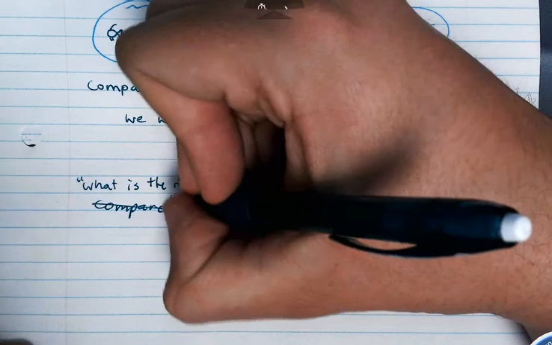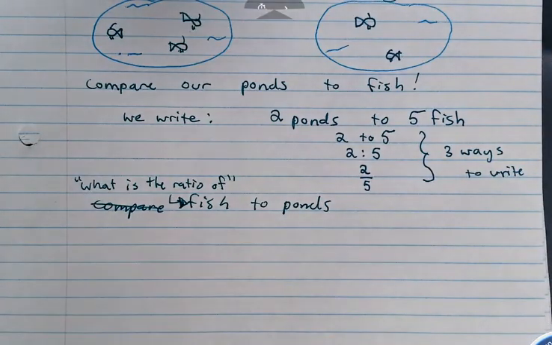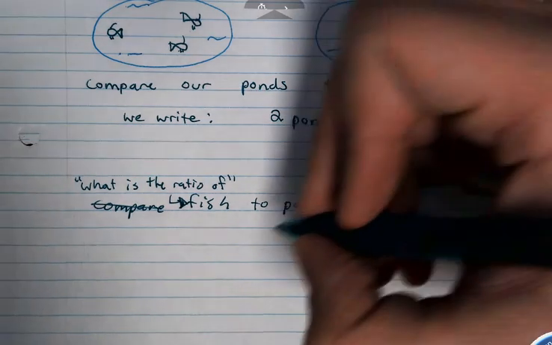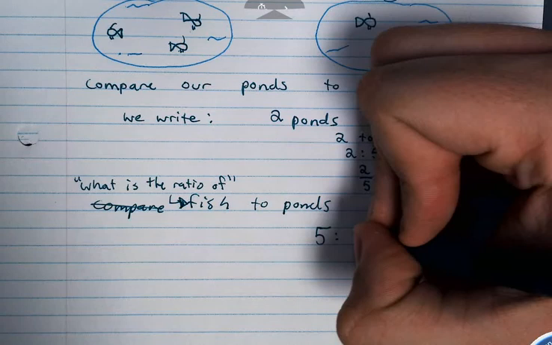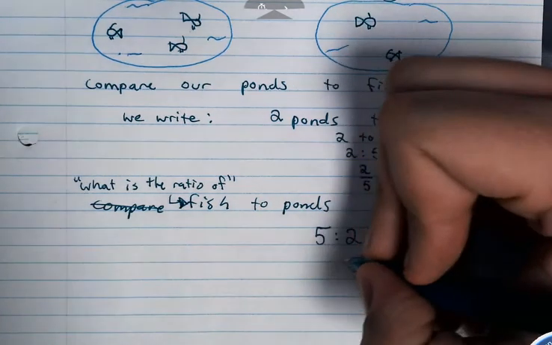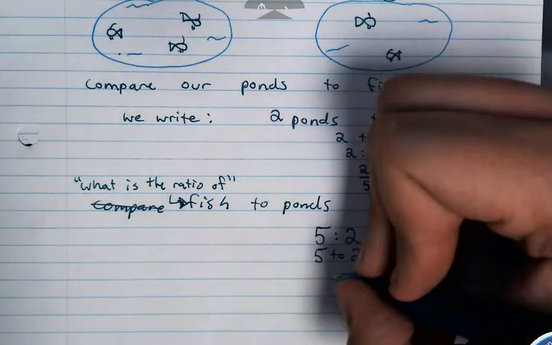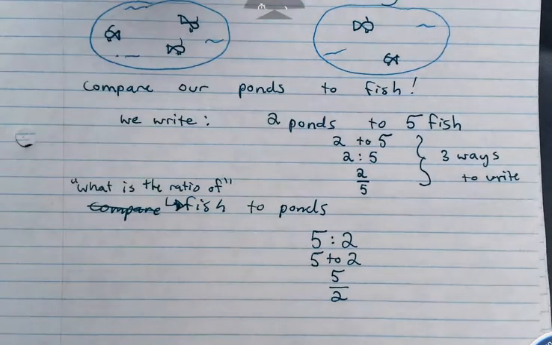I think that's a little bit more realistic of a question. How many fish do we have compared to how many ponds? Well, we have 5 fish compared to 2 ponds. Or you could answer it the other way, 5 to 2, or 5 over 2. Depending on how they ask is how you would answer that question.